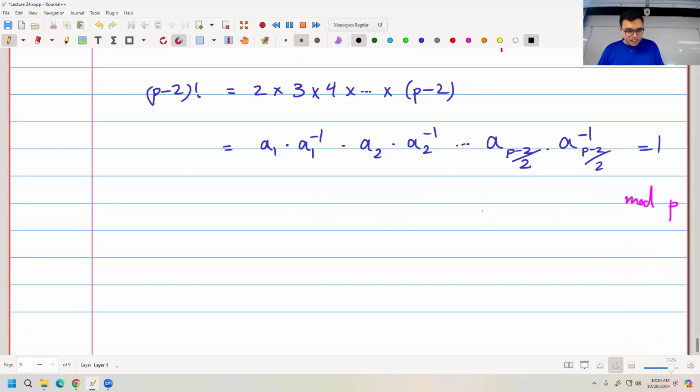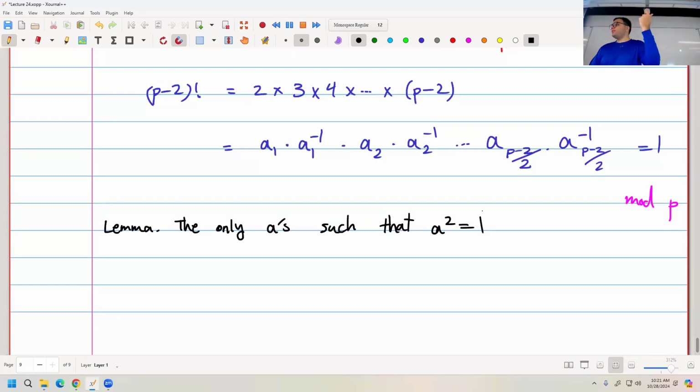Okay, so this is the lemma that we need: the only numbers that are their own inverse, the only a's such that, well, if a is its own inverse, what does that mean? That means a squared is 1. a times a is 1. a is its own inverse, such that a squared is 1 modulo p, are 1 and -1.